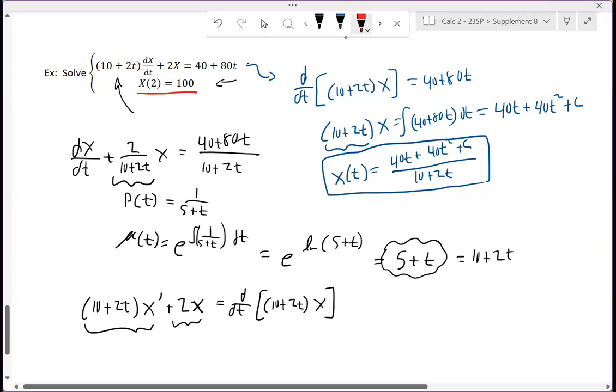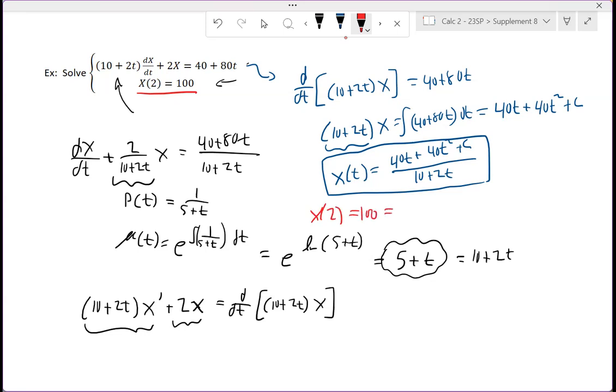And now I want to find the member of this family of functions that satisfies x of 2 equals 100. So x of 2 on one hand, we want it to be 100. On the other hand, when I plug in t equals 2, what do I get on the bottom? I get 14. On the top, I get 40 times 2 plus 2 squared is 6, plus c.